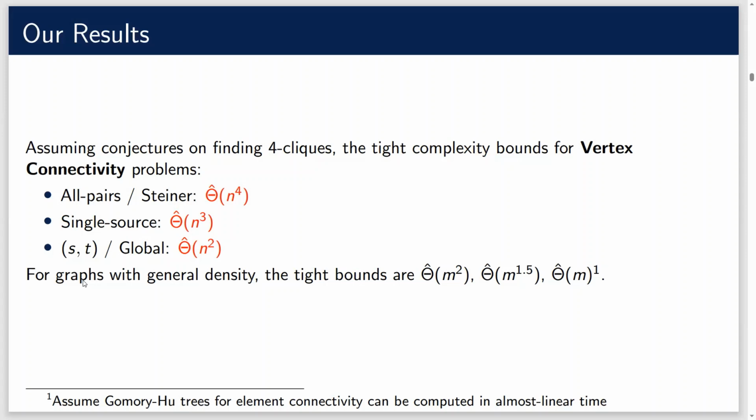For graphs with general density, we use the parameter m, and the tight bounds are theta hat m squared, m to the 1.5, and m, compared to n to the 4, n cubed, and n squared. For these bounds on general density, we assume that Gomory-Hu trees for element connectivity can also be computed in almost linear time.